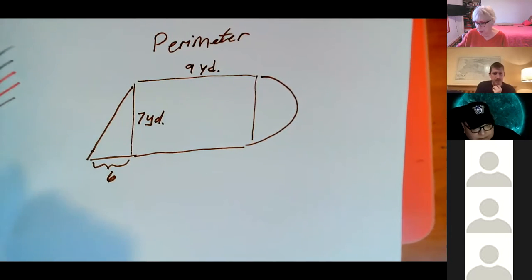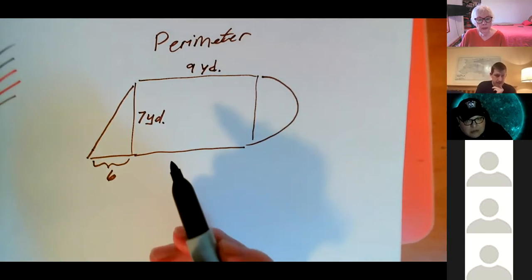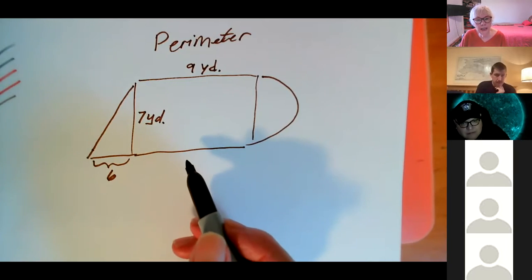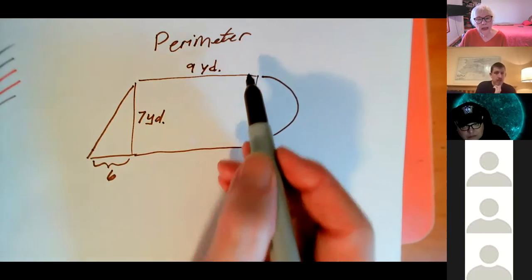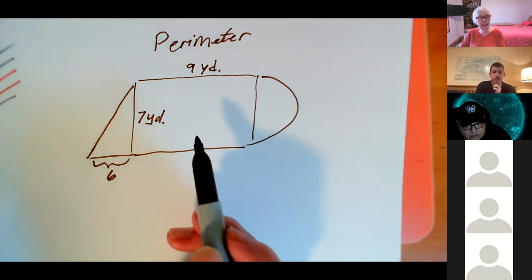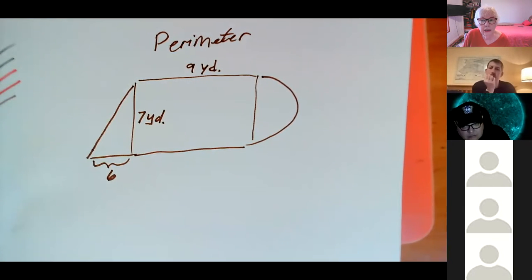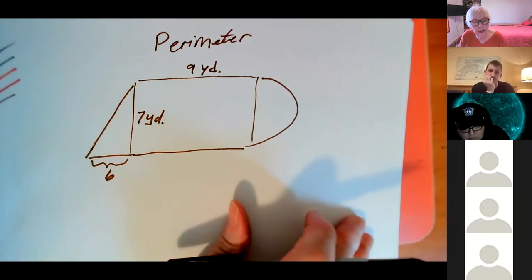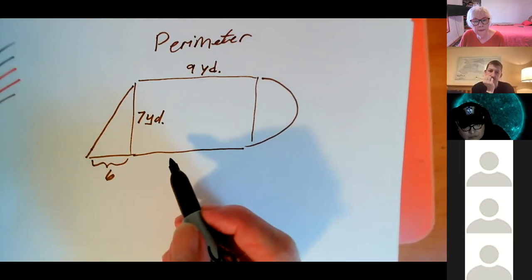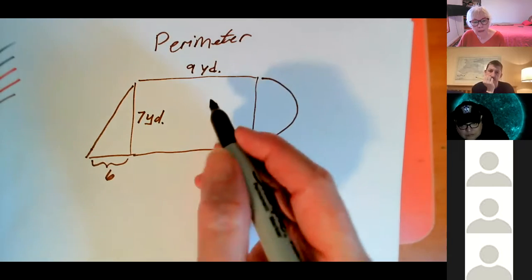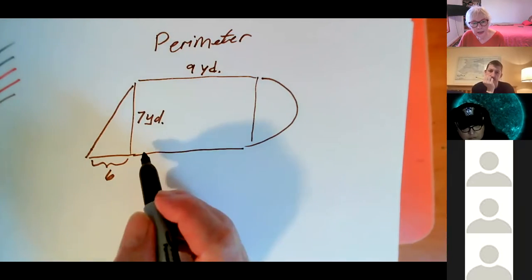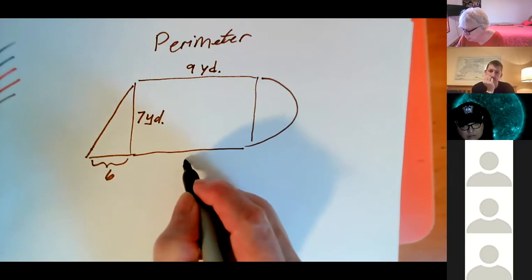Okay, there it is. So if you want perimeter, there's all kinds of pieces. Some of these are easy to figure. This is likely not going to be in your homework. If it's too complicated, it's not likely on a test. But if this is 9 and this is a rectangle, then this is 9.